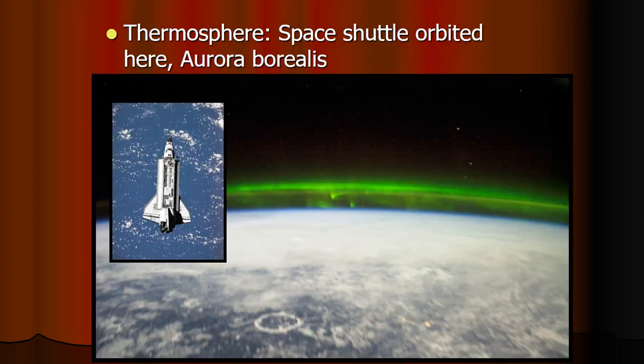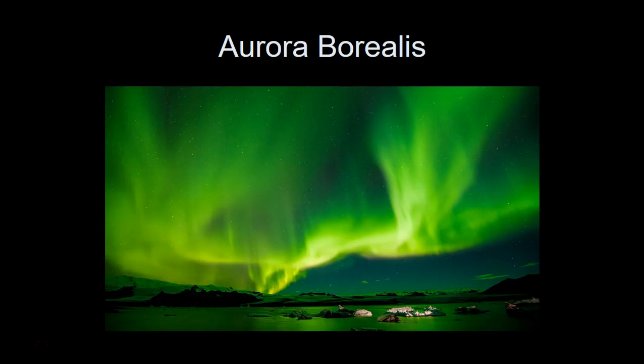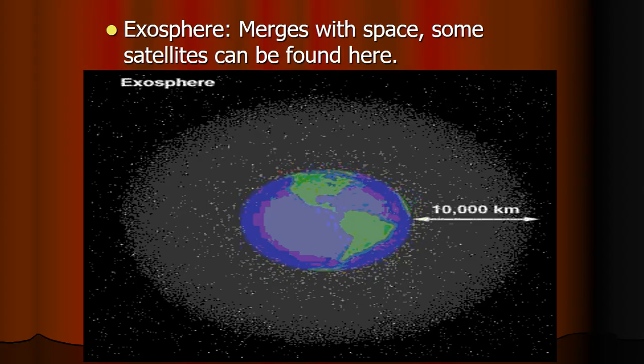The thermosphere is where the space shuttle orbits, and it's also where you can find the aurora borealis, also known as the northern lights. So this is an example of the aurora borealis. And the last layer is the exosphere. This is where we merge with space. This is where we can find satellites, and it's where they have to travel in order to get to the moon.